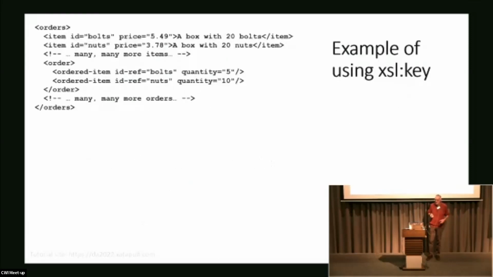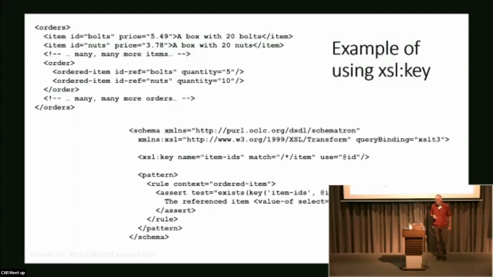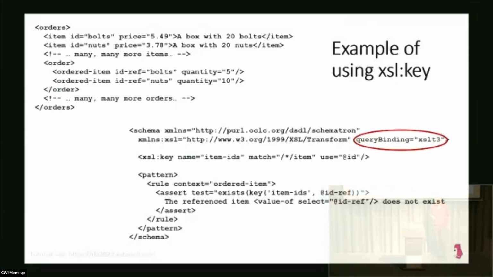All right. So let's have a little example of using XSL key, how that works. And there's no exercise for it, so you can all relax. Let's say we have an XML document with lots of items and lots of orders, something like this. And we want to check whether the IDs of the ordered items are actually defined. So first, of course, you need to do a query binding, XSLT2 or XSLT3.